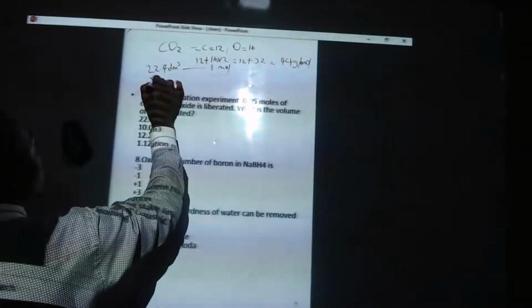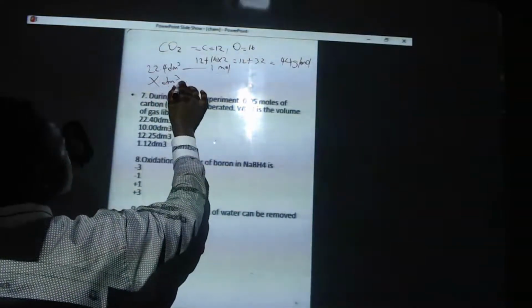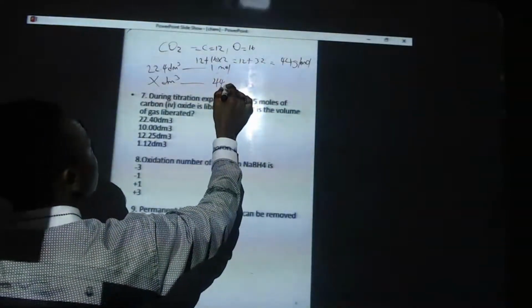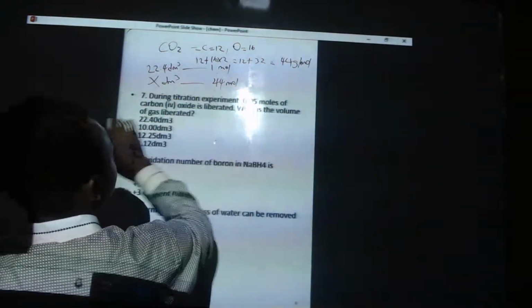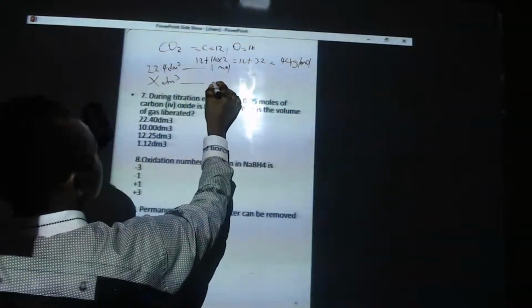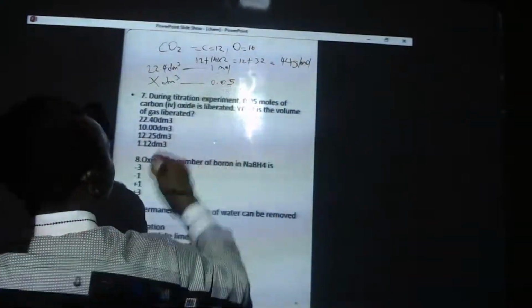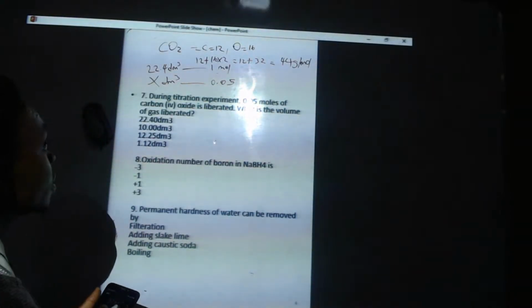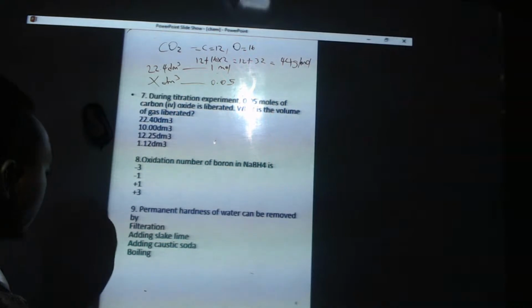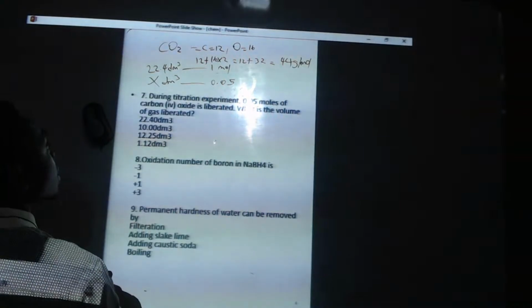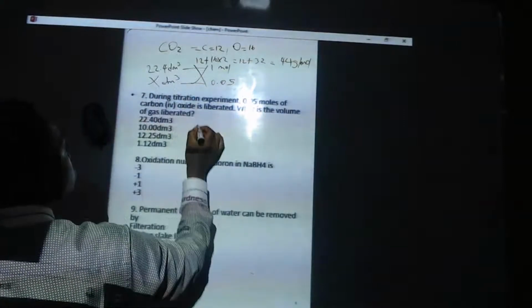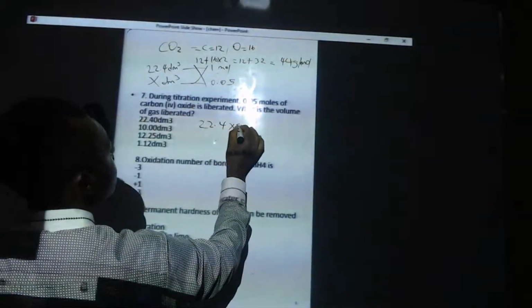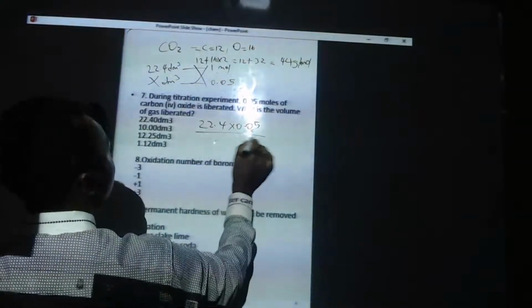This time around, we are looking for x dm cube is to 0.05 mole, because we've been given 0.05 mole of carbon(IV) oxide. So in order to get it, remember you have to do cross multiplication. So it's going to be 22.4 times 0.05 all over 1.